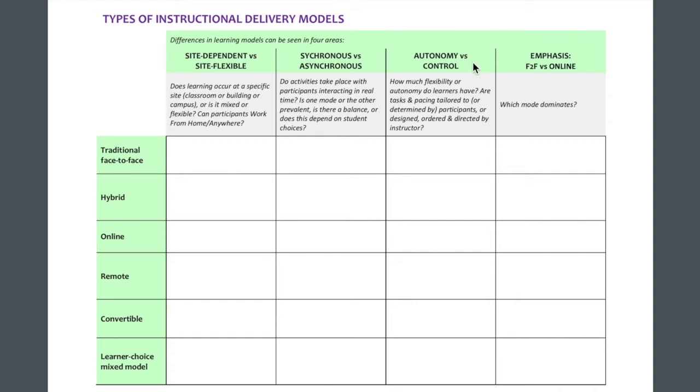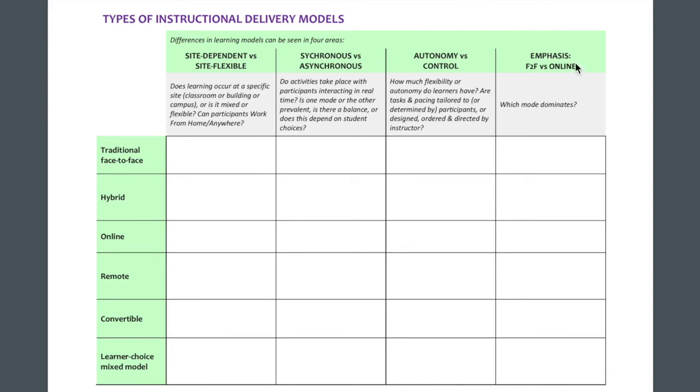Next category here is autonomy versus control, and this deals with how much autonomy the students have. The extreme would be that something is self-paced or even self-directed, and then control means that the instructor is giving the content, the materials, but also controlling when things have to be done and setting deadlines, and controlling the order that things will happen.